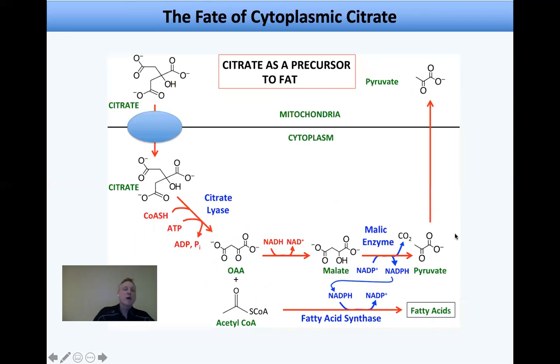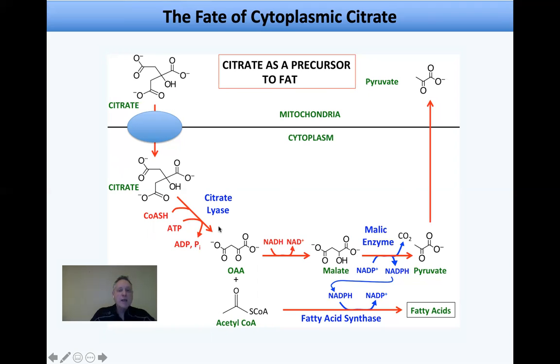And we'll elaborate on that by taking a look at the pathway of using citrate as a precursor for fat. So here's citrate up here. Notice that it's got 3 carboxyl groups. That's the origin of the name tricarboxylic acid cycle, TCA. And so citrate is exported from the mitochondria into the cytoplasm, and then a lyase enzyme splits it up into oxaloacetate and acetyl-CoA.